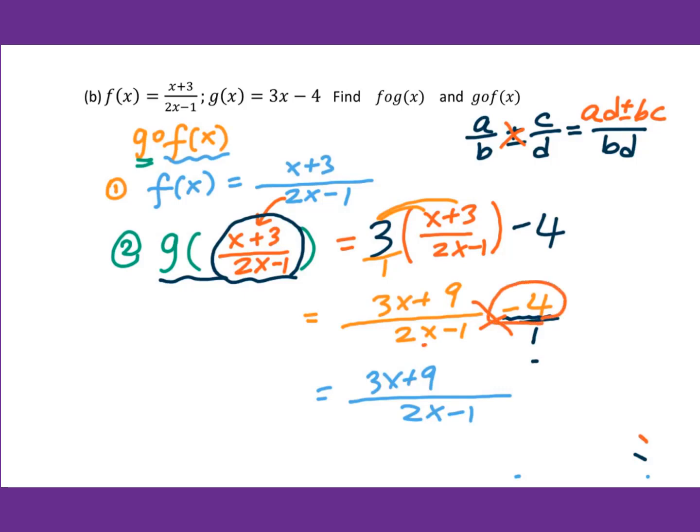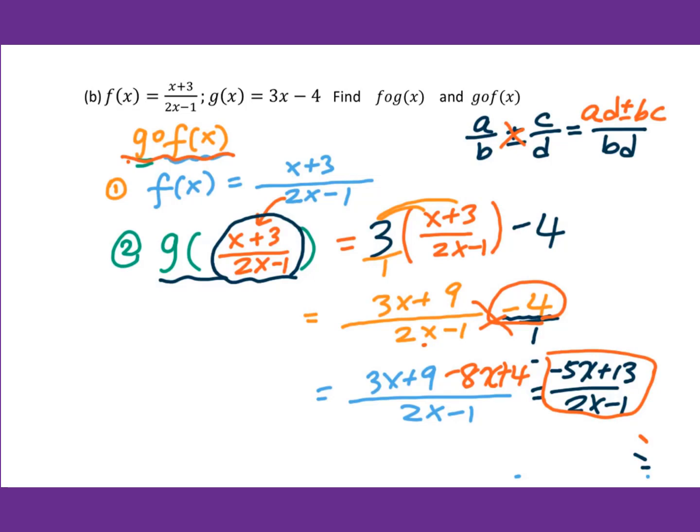Negative 4 times 2x, that's negative 8x. Negative 4 times negative 1, that's a positive 4. Then you combine like terms. We got negative 5x plus 13 over 2x minus 1. That's the final answer for g of f of x.